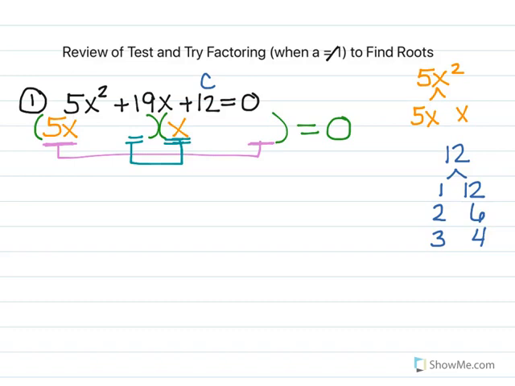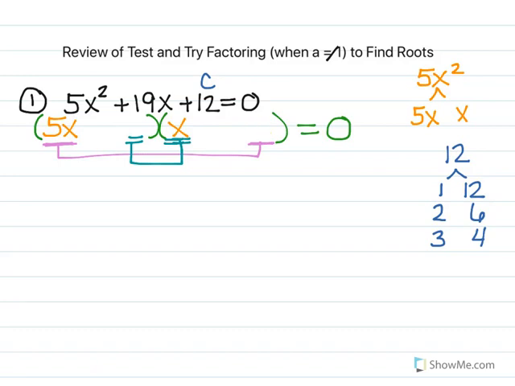So, if we look at these, 12 and 1 is probably not going to work, because if I put the 12 in the second parenthesis, that would multiply with the 5, and that would give me 60, and that's definitely way too big. I'll never get to 19, so I can't put 12 there.